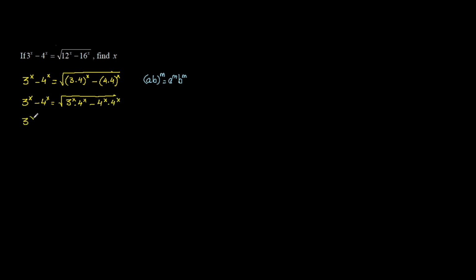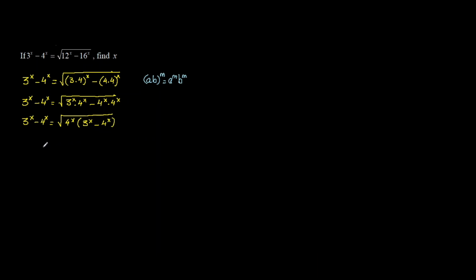And then we factor out 4^x on the right hand side. So we get 4^x times (3^x − 4^x).